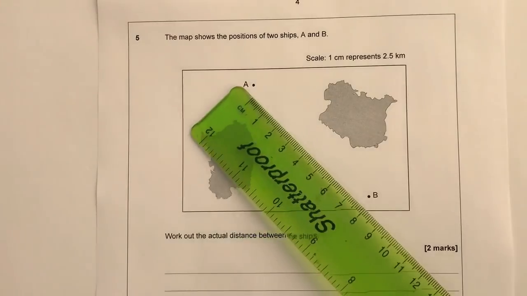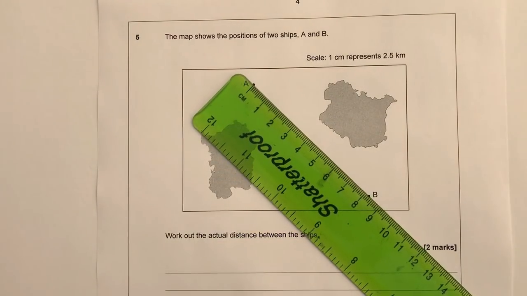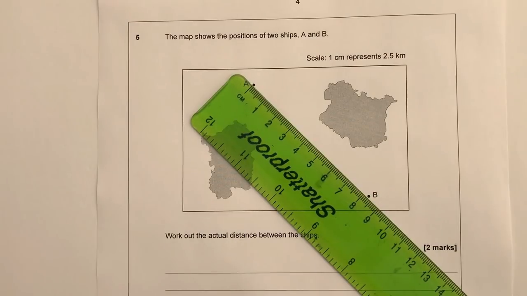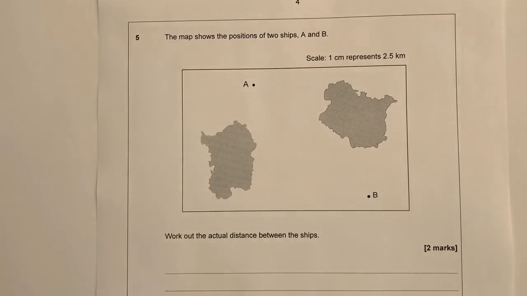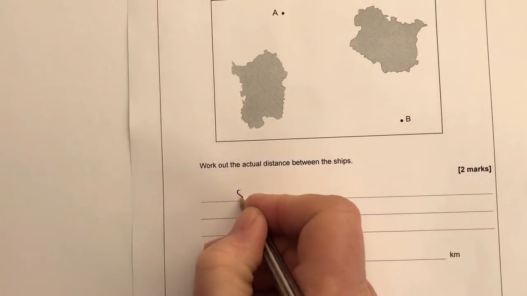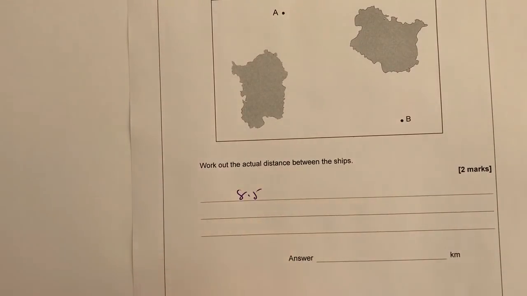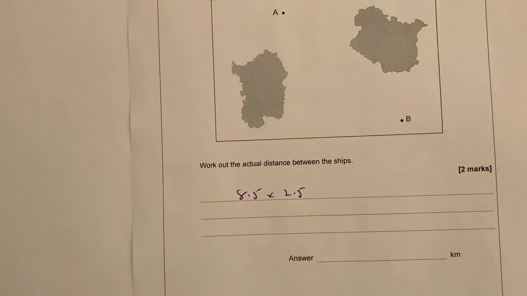If I measure across here, that's going to be 8.5. Hopefully you can see that. It's close enough to 8.5. I actually now make it about 8.2, 8.4, something like that, but it's close enough. Let's call it 8.5, because that's what I've done my calculation on. I'm going to multiply that by 2.5.